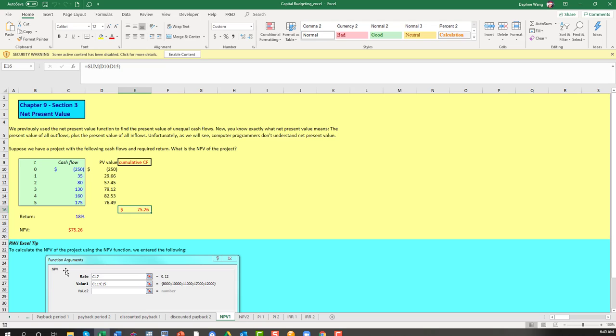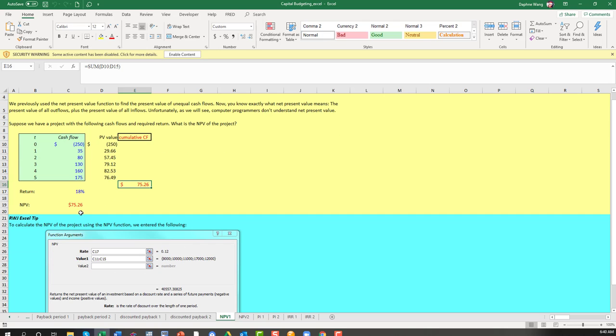You can also use the net present value function in the Excel template. You update the discount rate, and you select all the cash flows, and you can find the net present value just by using this net present value function in Excel.